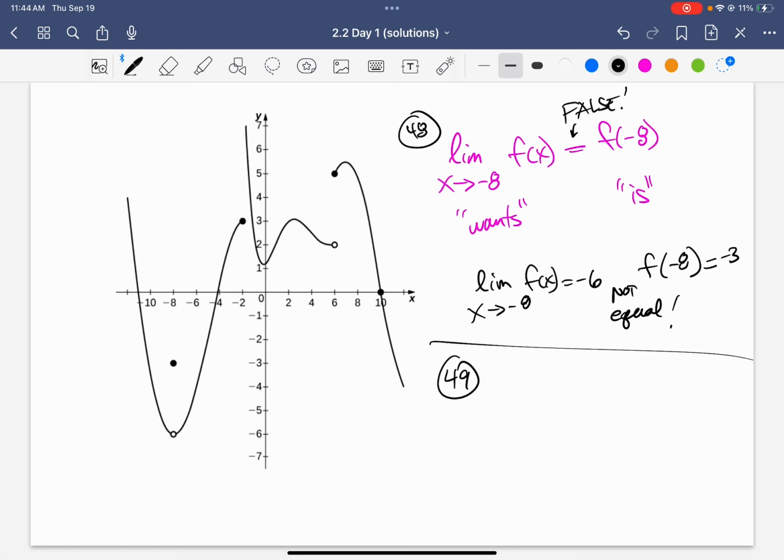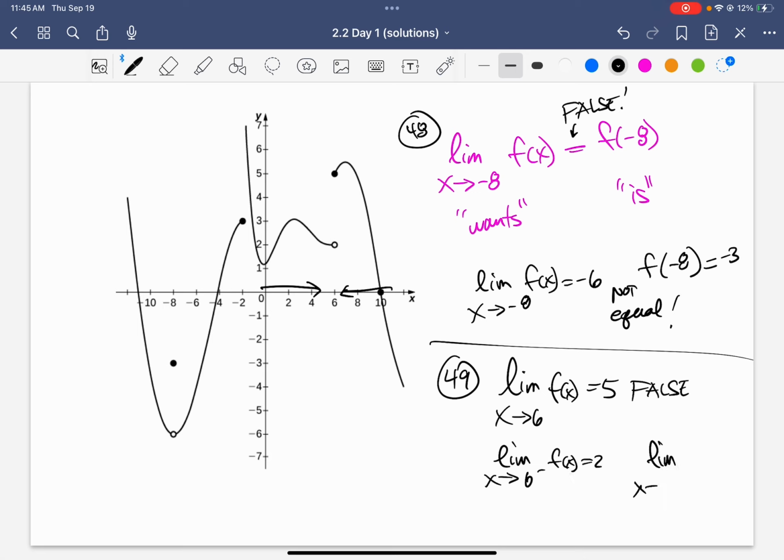What 49 is asking is, is the limit as x goes to 6 of f of x actually equal to 5? Well, as it comes in from this side, it looks like it wants to be 2. And as it comes in from this side, it looks like it wants to be 5. So this is false because the limit as x goes to 6 from the left is 2.